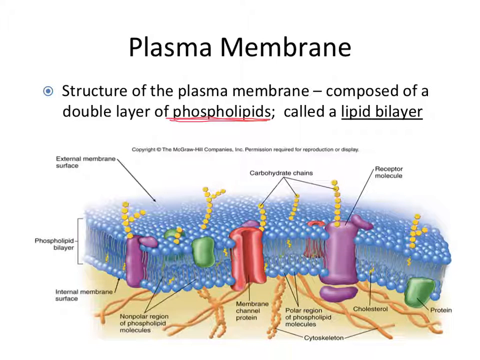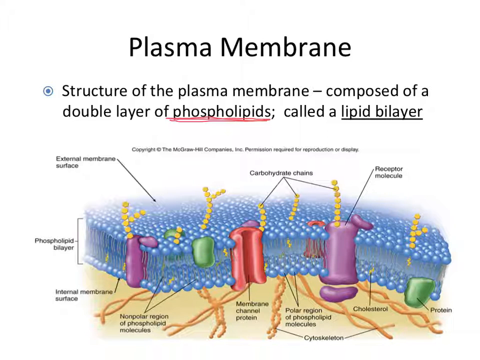And in your lipid examples, you had triglycerides, which were responsible for long-term energy, insulation, cushioning, protection. And you had the steroids, with the main one being cholesterol, and you had phospholipids. And phospholipids form the plasma membrane.